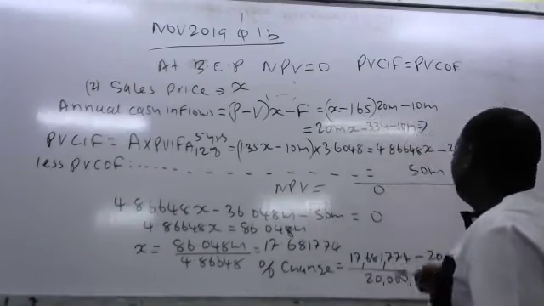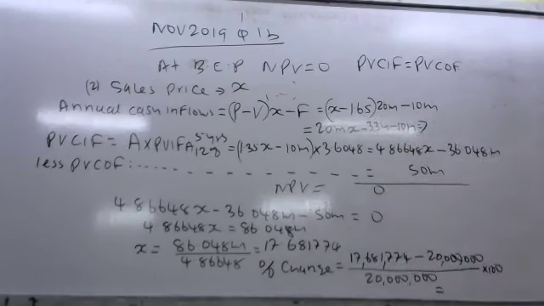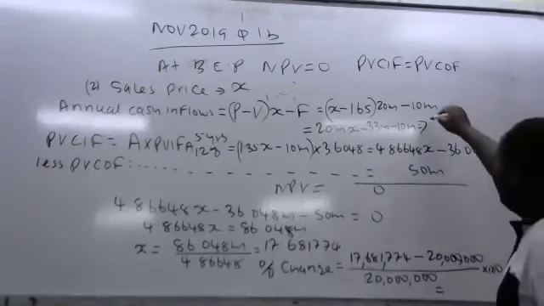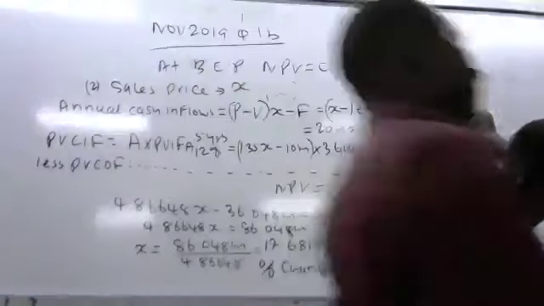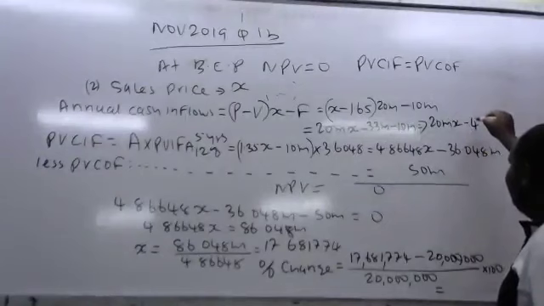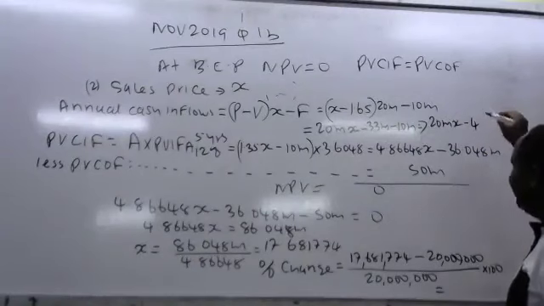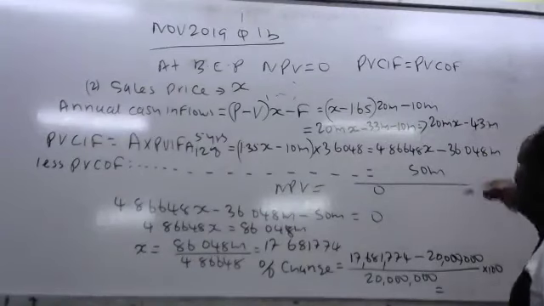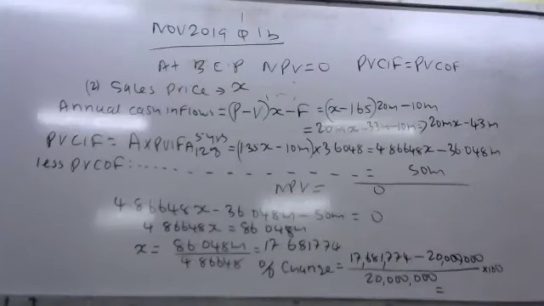So finally, it will be the same as 20 million X minus 43 millions, because negative 33 and negative 10 turn out to be negative 43 millions. So that is now what will be our annual cash flows.